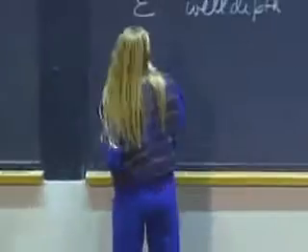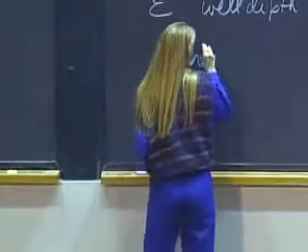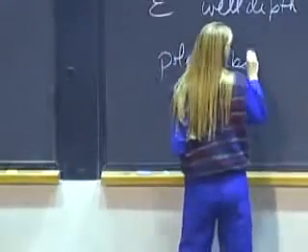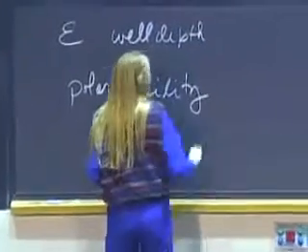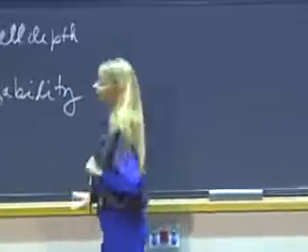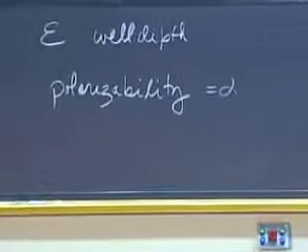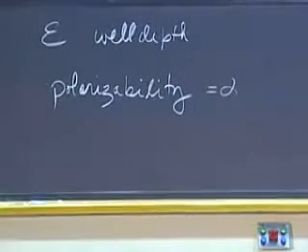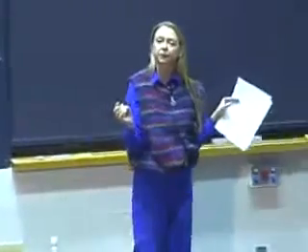And the bottom line is what determines that is the polarizability of the atoms or the molecules that are interacting. And we give the symbol alpha to the polarizability. And what that is a measure of is the ease with which a charge distribution can be distorted.